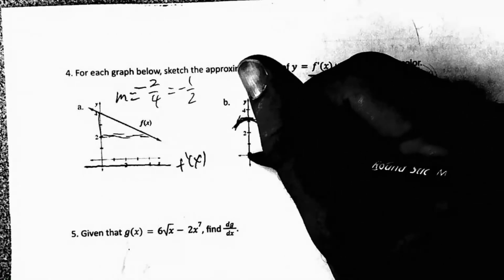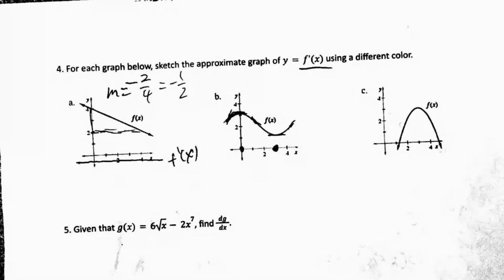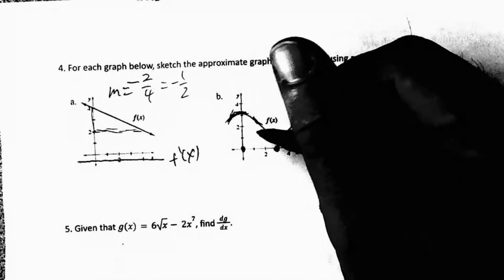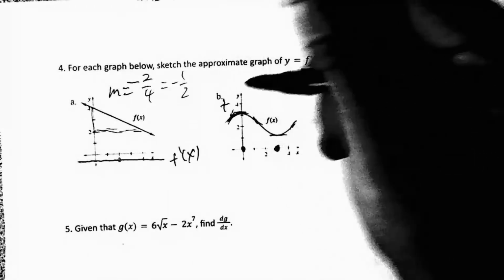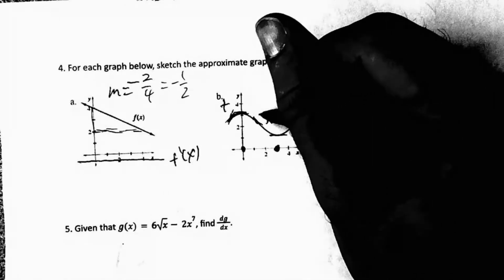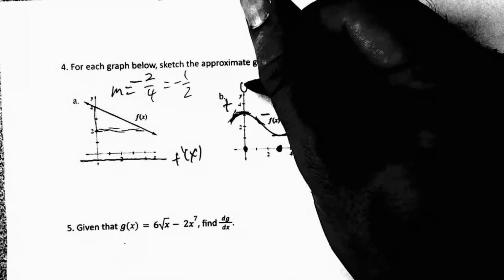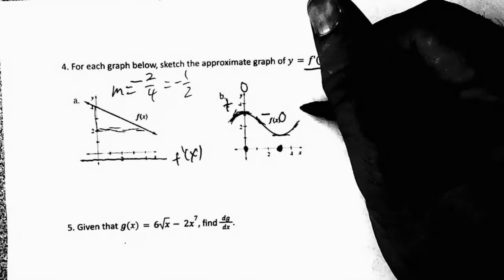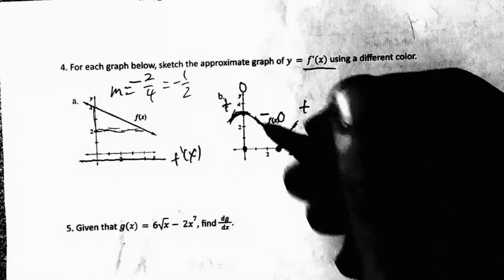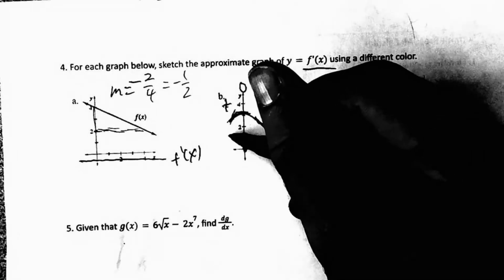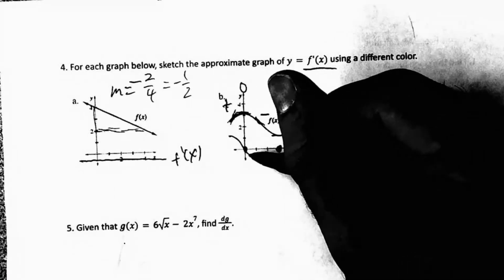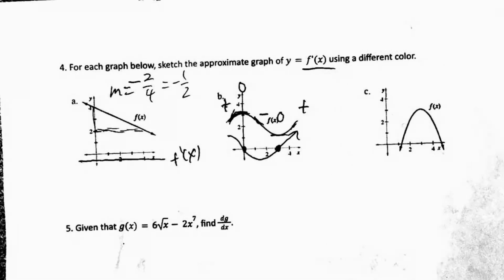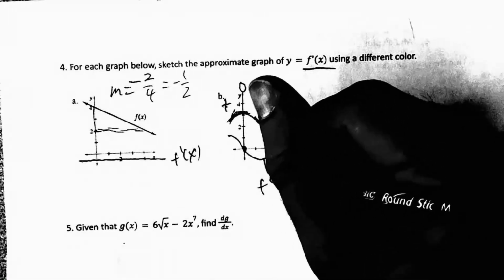So this is where our derivative will be crossing the x-axis, and then you're going to follow your trend. So this is positive, and then we're negative. So this is 0, positive, then 0, then negative, then 0, then positive again. So that's what my derivative should look like. It should be positive, then come into 0, then negative, then come into 0, and then positive. So this right here would be the derivative.